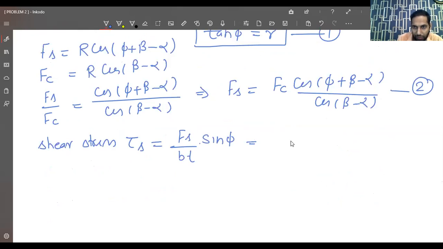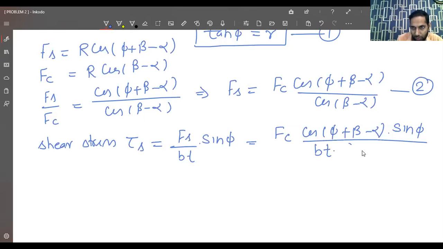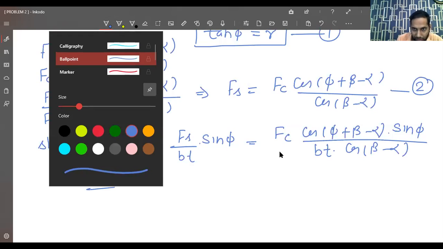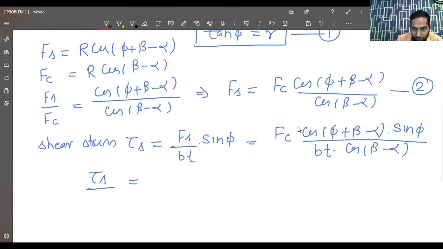It will become Fc cos (phi plus beta minus alpha) into sin phi upon bt into cos (beta minus alpha). So tau s is equal to this Fc over bt.